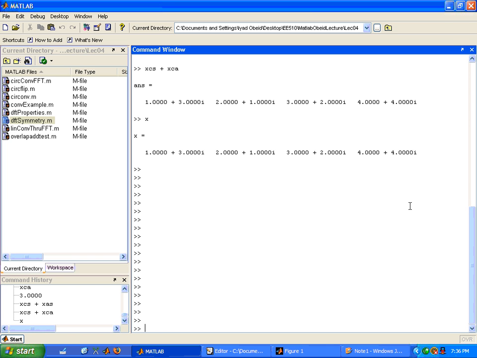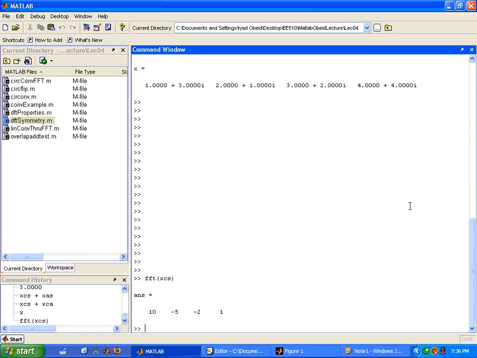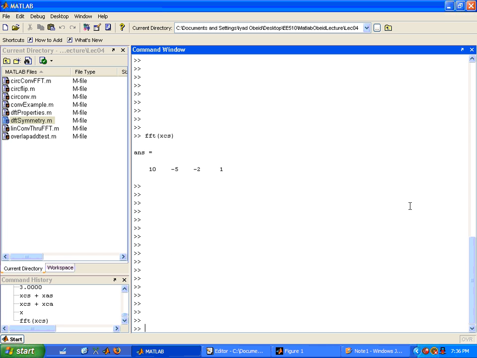Should be real. Okay, so if I do the FFT of the conjugate symmetric part, I should get real. Not bad. Perfectly real. If I do the FFT of the antisymmetric part, it should be perfectly imaginary. Did it work? Sure enough.